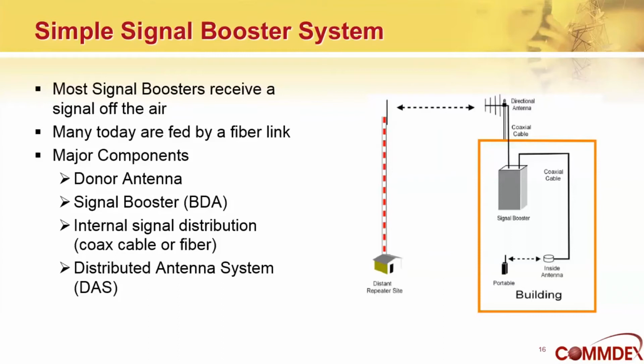So we've got the donor antenna, we've got the signal booster or BDA, and we have the internal distribution system. And that internal distribution system is called the DAS, the Distributed Antenna System. So eventually you will work with a portable radio inside the building and get as good or better coverage than if you were outside.